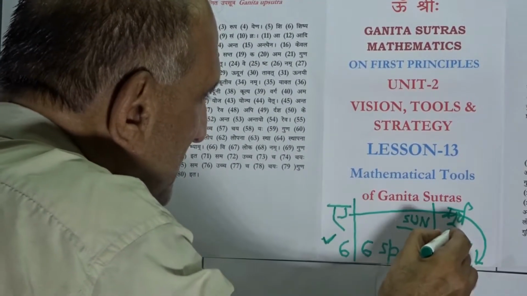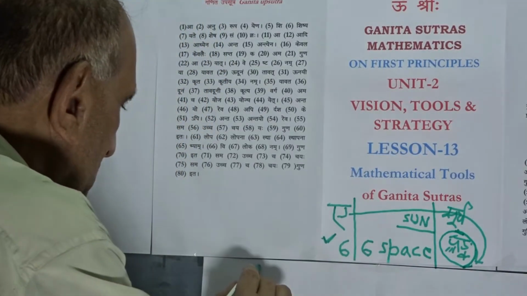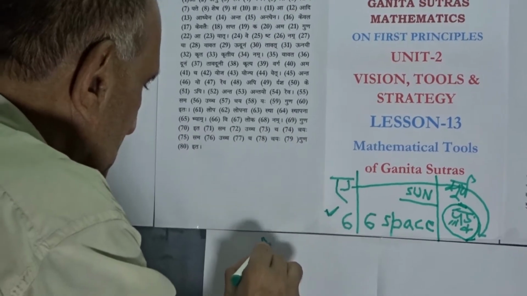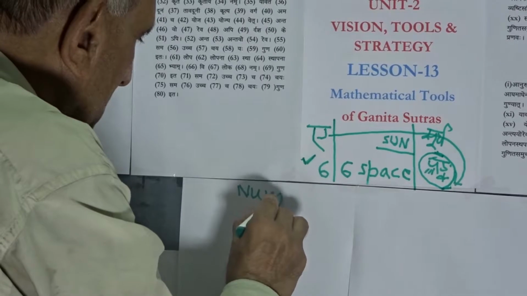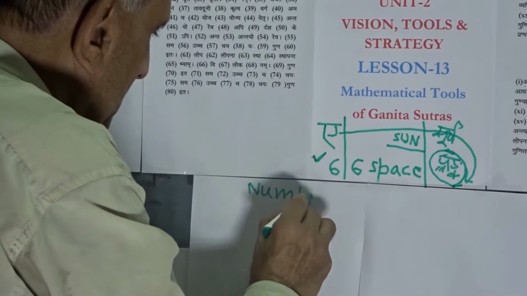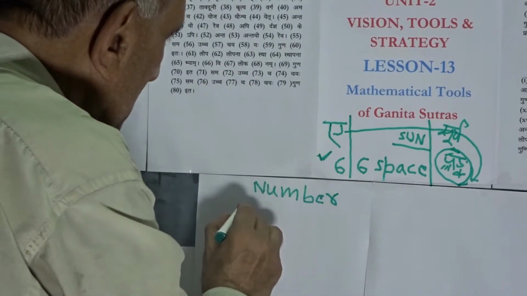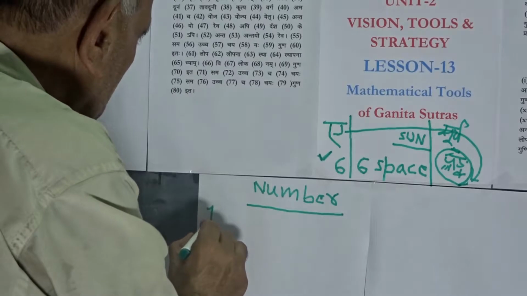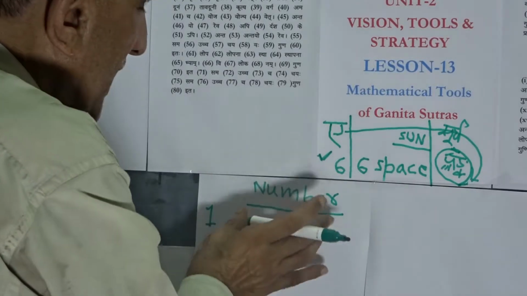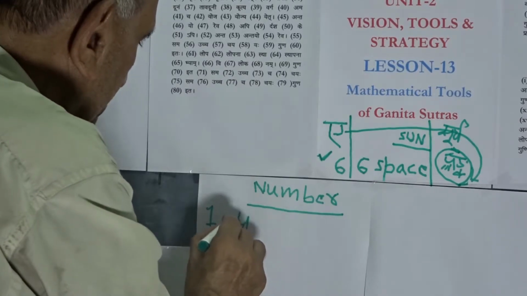Therefore, Ank itself, which would mean a number. Therefore, the mathematical tools being availed by the mathematics of Ganita Sutras have many categories, and let us begin with the category of Ank, a number.